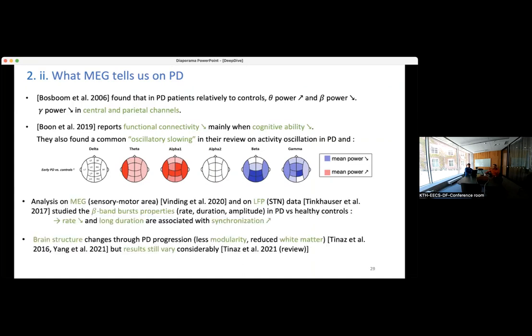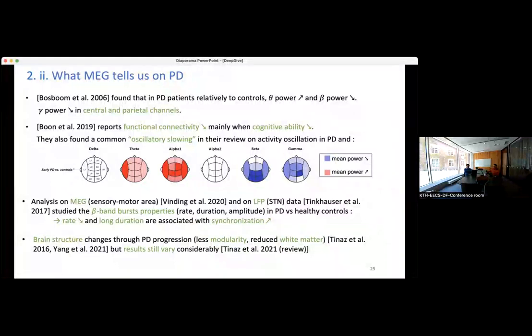And then you can use more fancy methods. Instead of looking at the total power associated to some bands, you can look at something more time-resolved, like beta bursts, for instance. And it has been shown that there are some changes. What I show you are changes between PD patients and healthy controls.